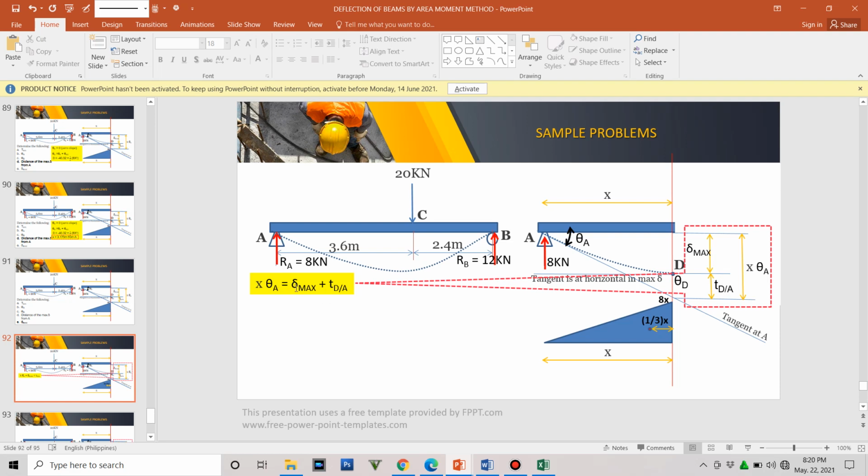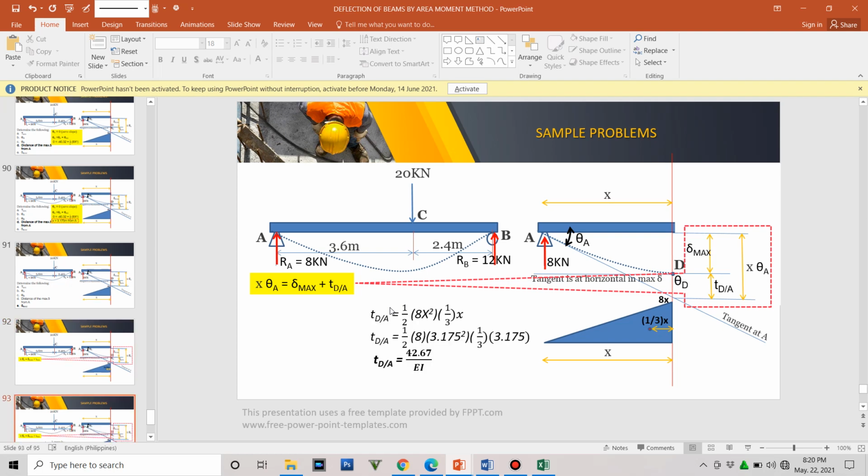Pinag-equate ko na yung sum nito dun sa y, which is x theta A. So, nandito kasi yung delta max na hinahanap natin. But before that, alam naman natin yung x. Alam naman natin yung theta A. Ang hindi natin alam dito, yung deviation of D with respect to the tangent at A.